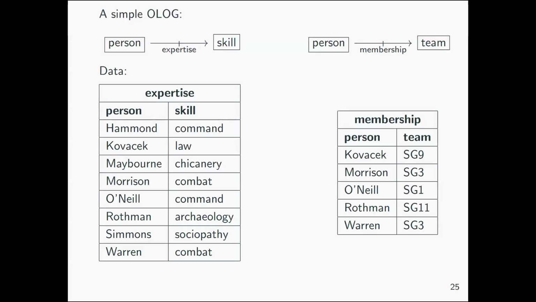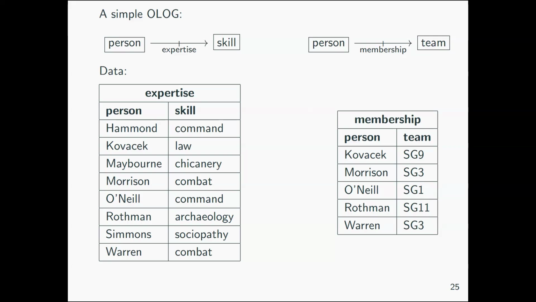So I'm going to instance these with some tables here. Hammond, his skill is command. We've got law, combat, command, archaeology, sociopathy, I guess, is a skill. Yeah, I'm editorializing a little bit. Now, all of these persons in the membership table are also persons in the expertise table. However, not every person on the expertise table is on a team. Only these 5 individuals are actually on teams.